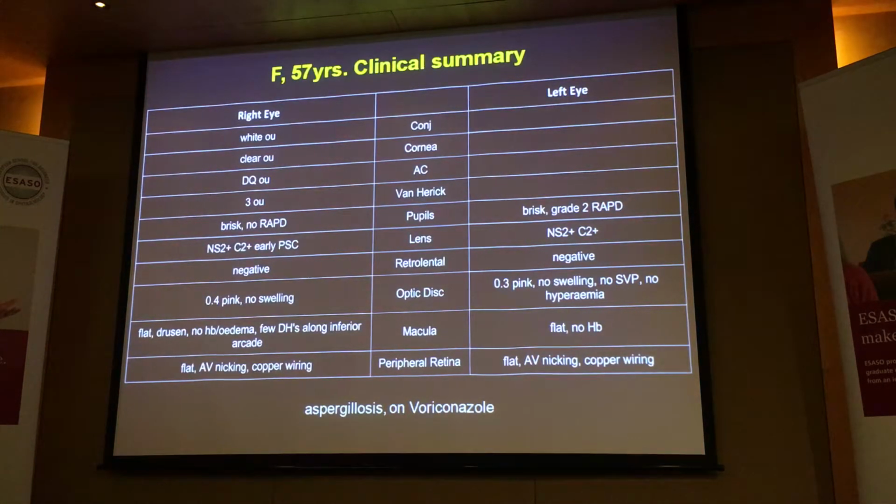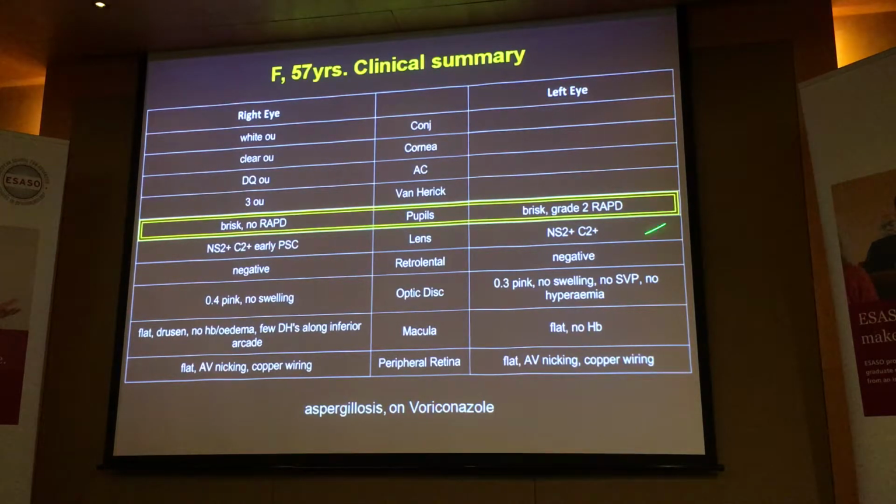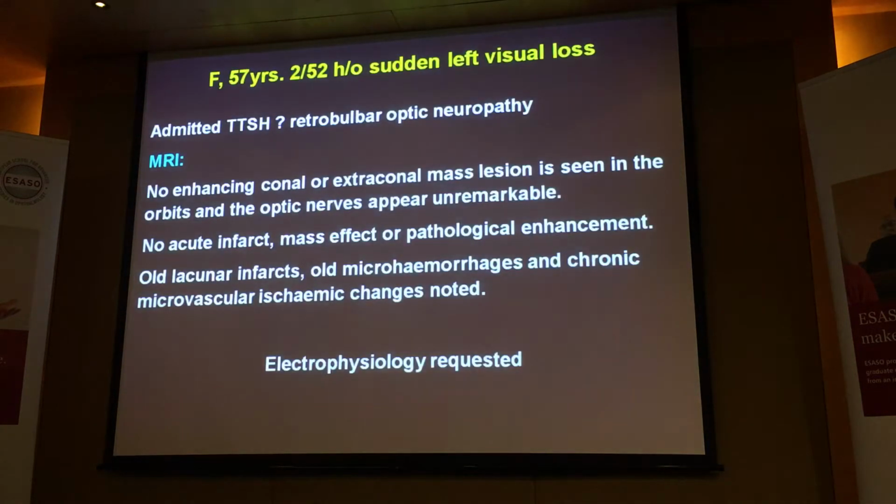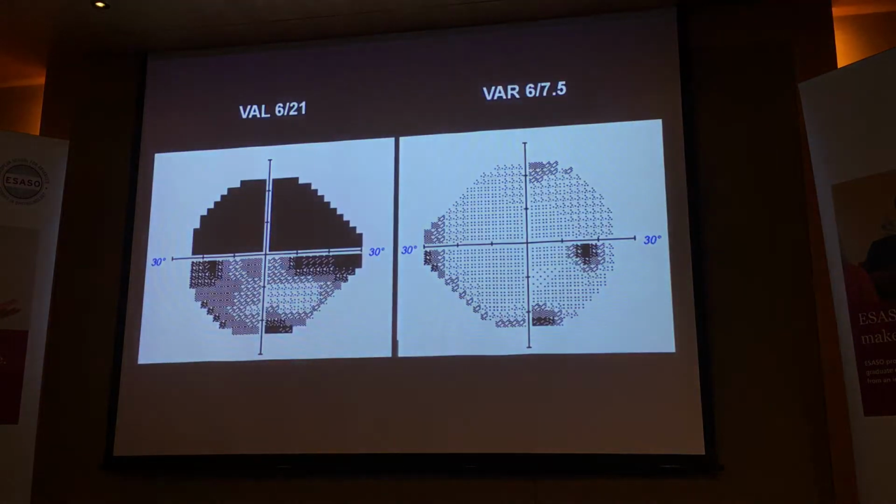Clinically, everything's fine, apart from nuclear sclerosis, but she had a grade 2 RAPD. So this was assumed to be an optic neuropathy. She was admitted for consideration of steroids, but the MRI showed nothing much, just a little bit of old ischemic disease. And that's when they asked for the electrophysiology.